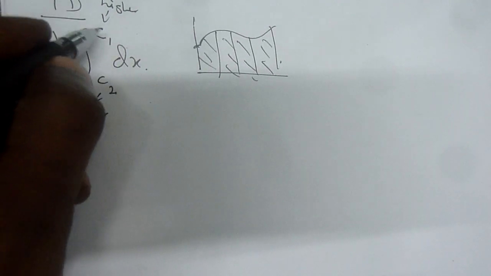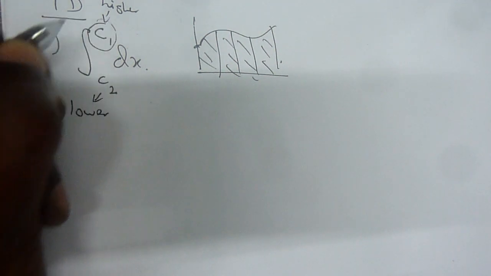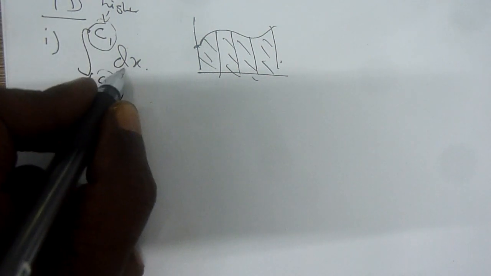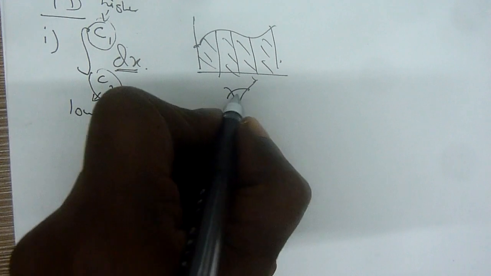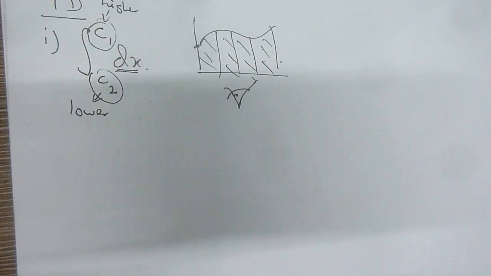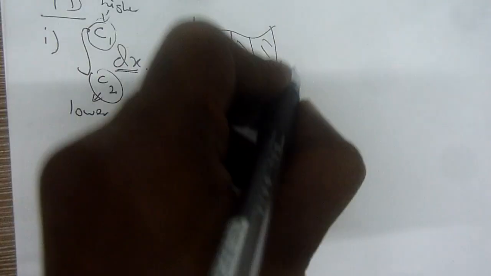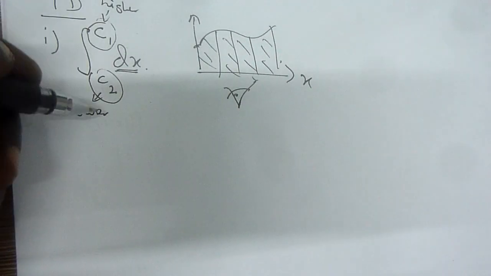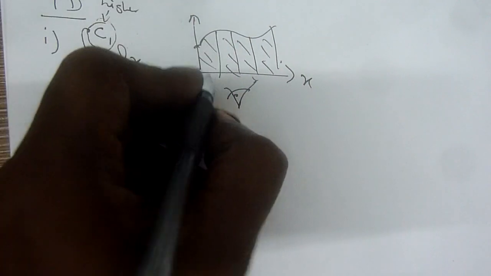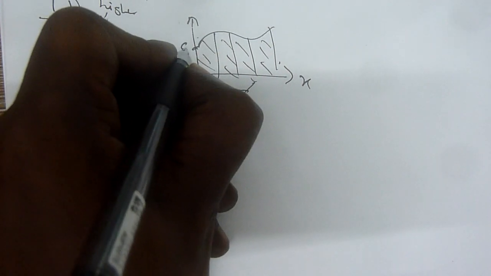Remember I mentioned this must be the higher point and this must be the lower point, and we are using dx, placing the I here. dx means we are using x as our I to be placed, and we are looking at, for example, from C1.